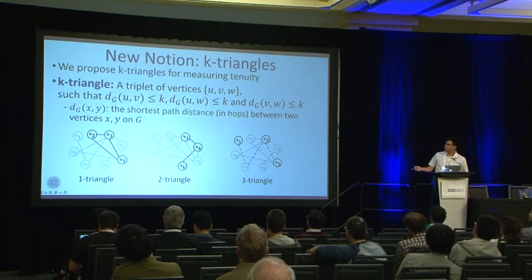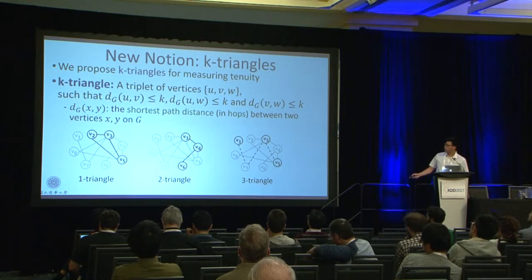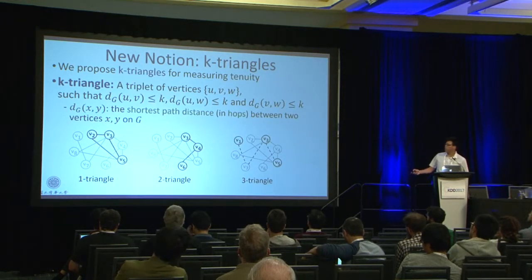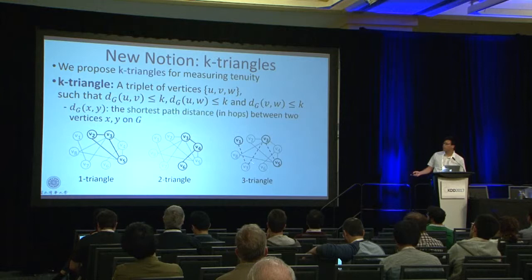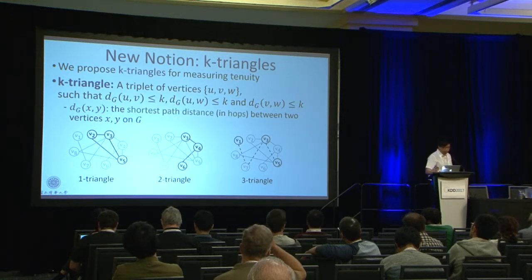And for these 3 vertices, V3, V4, and V6, it is a 2-triangle because the shortest path distance from V3 to V6 is 2. Finally, this one, V1, V3, V5, is a 3-triangle because the distance from V1 to V5 is 3. Please note that the shortest path can pass through some vertices not selected in the k-triangle. So this is a 3-triangle.